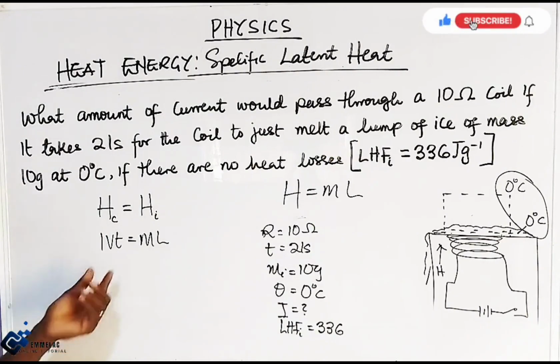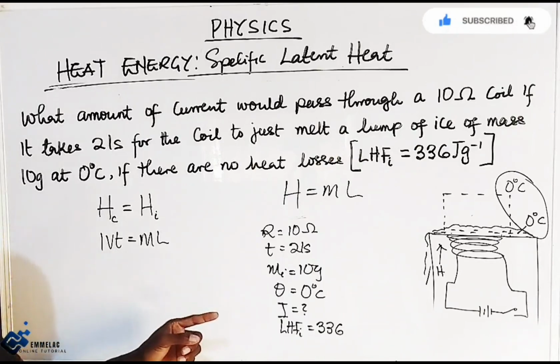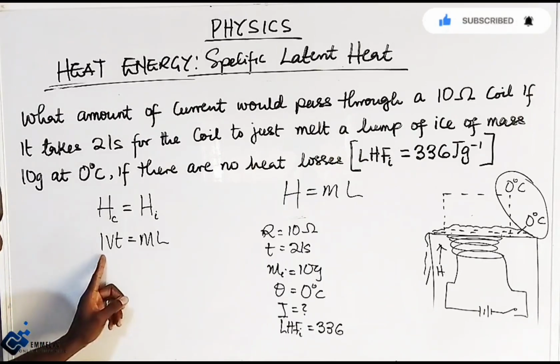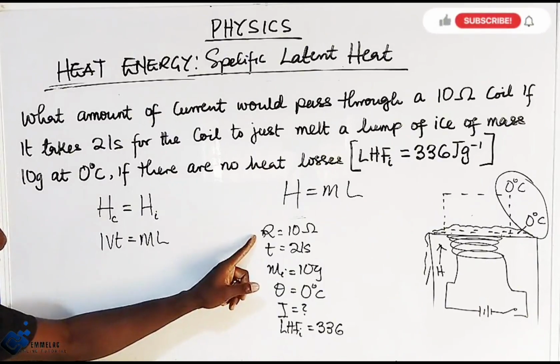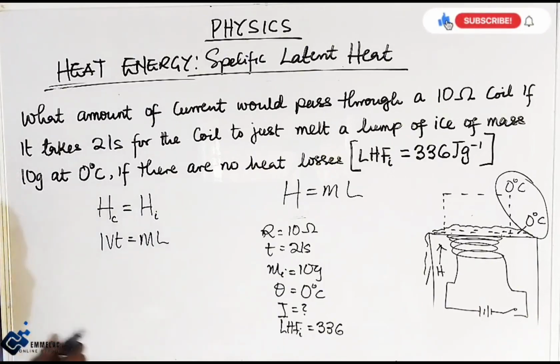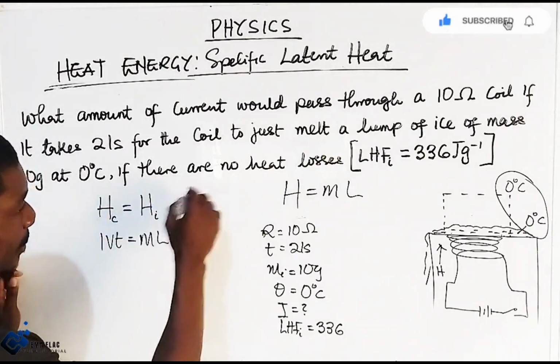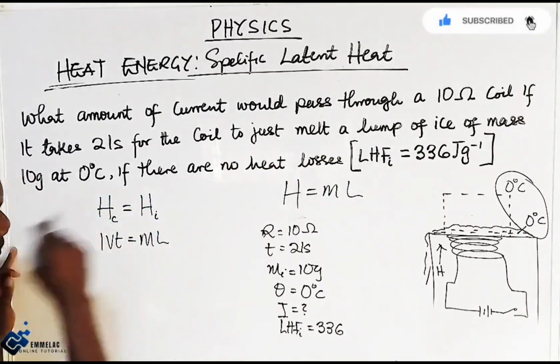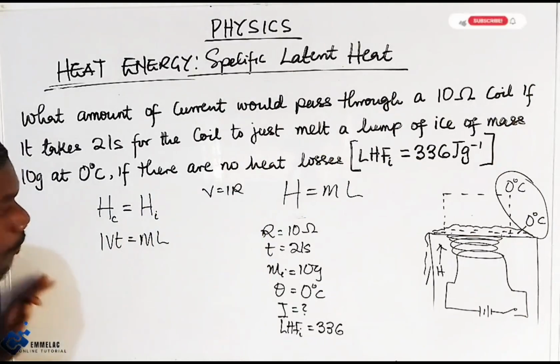No. In this case we have IVT, but I is here, V is not here, rather it's R, but T is here. So let us recall that V equals IR according to Ohm's law.